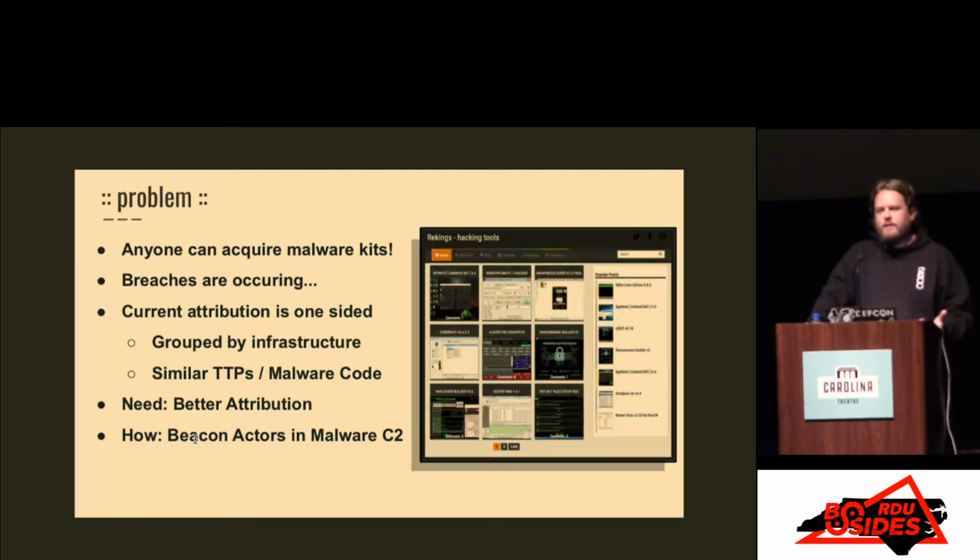Is it a targeted attack, or are these attacks occurring across multiple industries, and they're just trying to do drive-by download attacks or drive-by attacks to reach as many people as they can? So one way that we can do this to get better attribution is to beacon the adversaries as they utilize their malware C2.